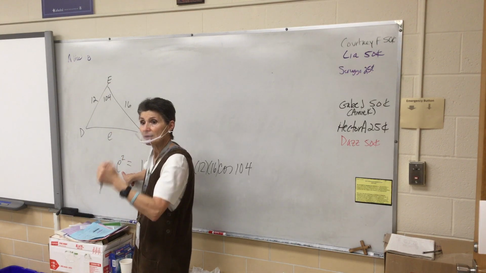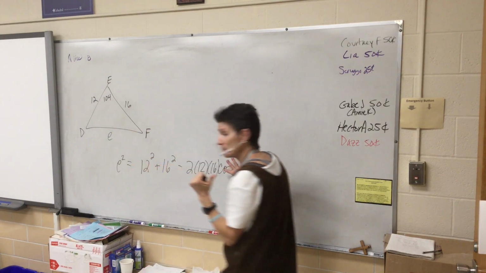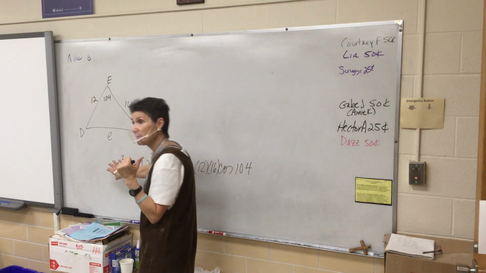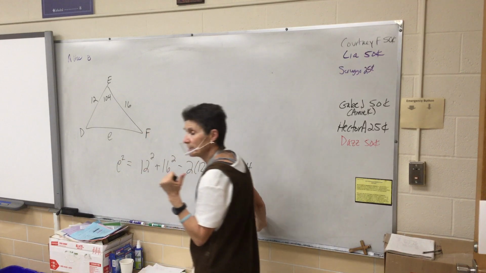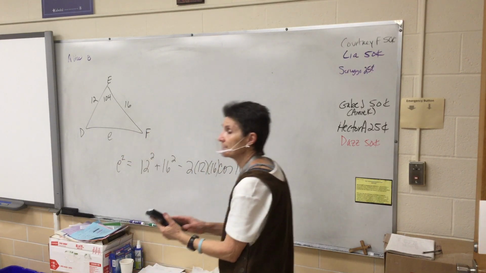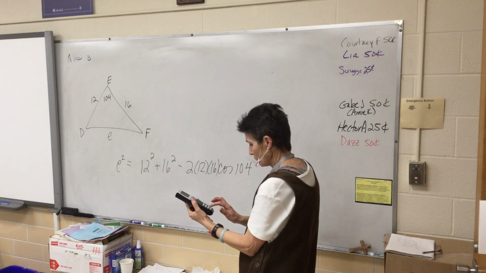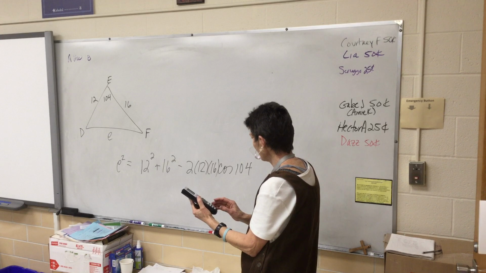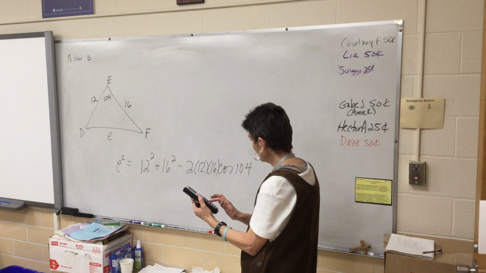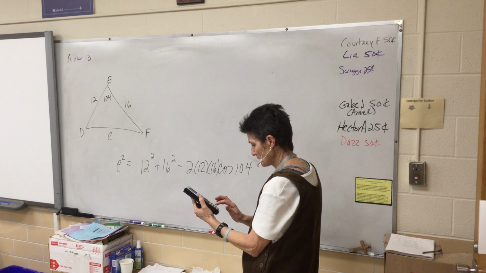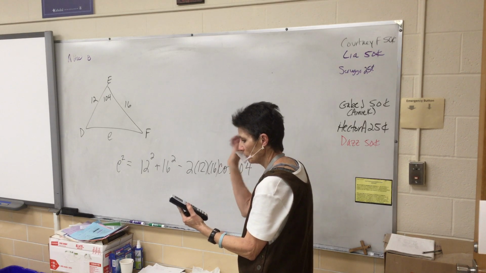The last problem we did like this, the variable was buried in the problem. But when it's already by itself, just type it in. You don't hit an equals until you get to the very end. So 12 squared plus 16 squared minus 2 times 12 times 16 times cosine 104 equals.